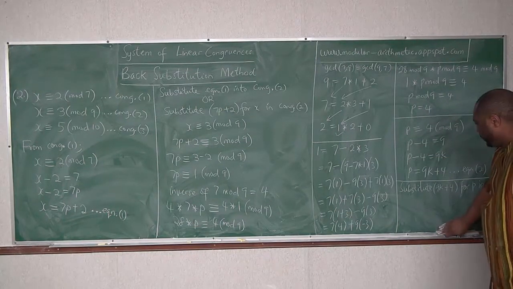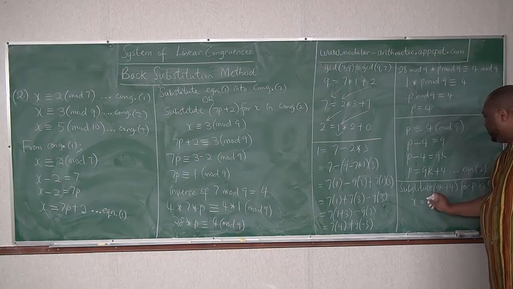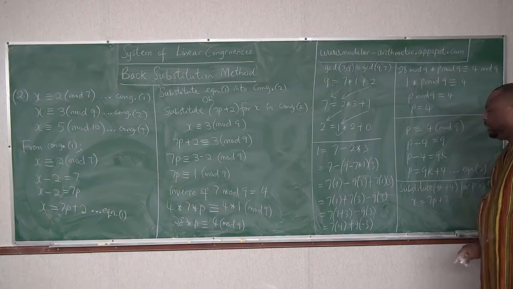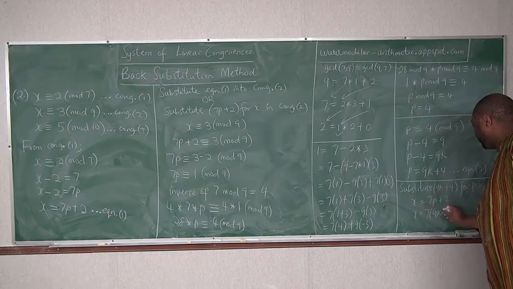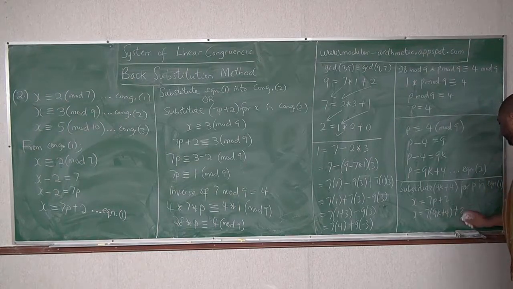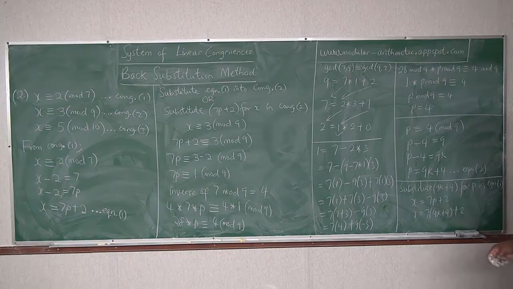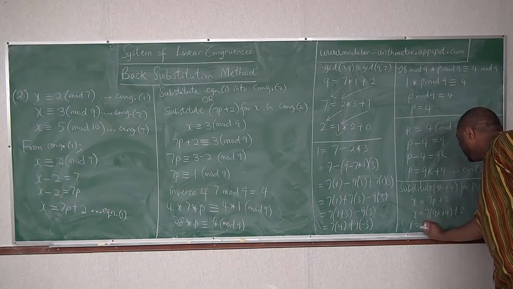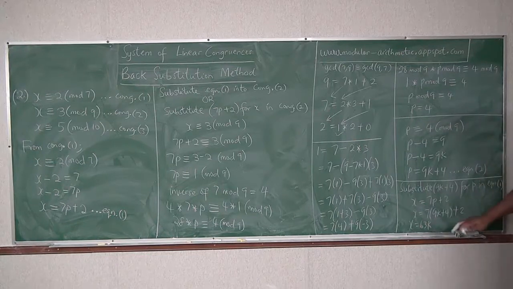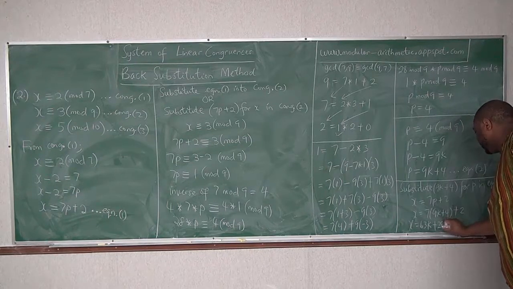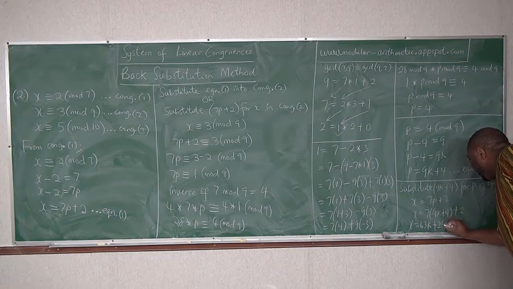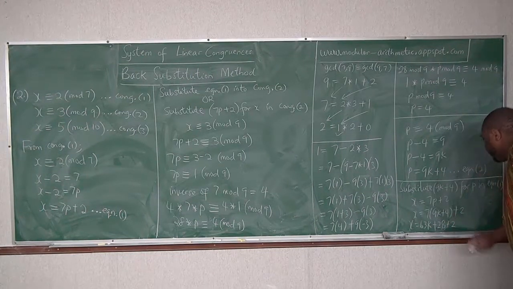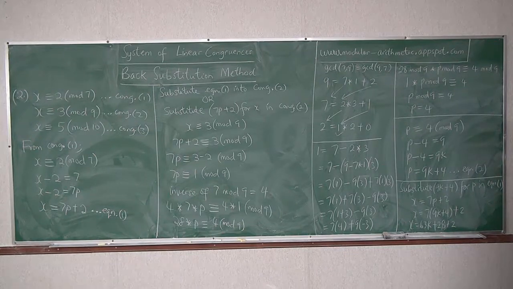In equation 1, we have that x is 7P plus 2. So x is 7 times (9k plus 4) plus 2. So x will be 63k, since 7 times 9k is 63k, plus 28 plus 2.